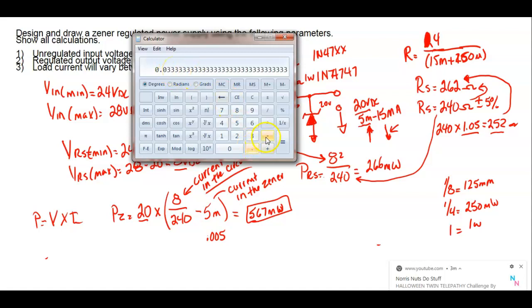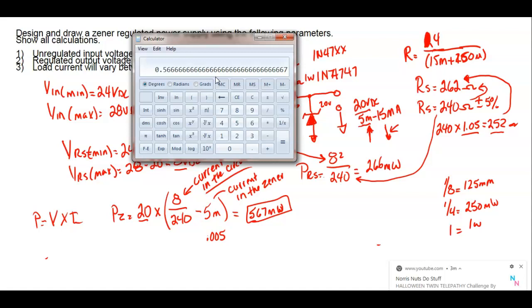And then I'm going to subtract from that 0.005, which would be 5 milliamps, which still is positive. Yeah, mine came up negative the first time because I put 50 milliamps in instead of 5 milliamps. And I multiply that times 20, right? The voltage across the Zener. And then this gives me the wattage dissipated by the Zener, not the wattage rating, right?